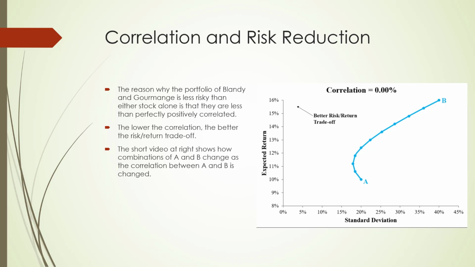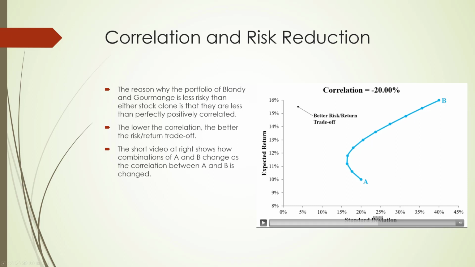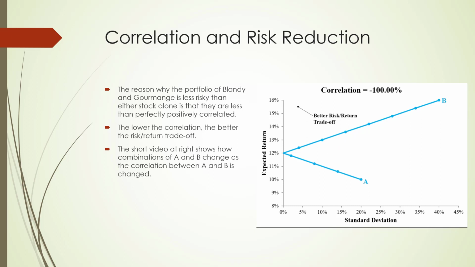And as we lower that correlation, the portfolios, the combinations of A and B, get better and better. If we keep going, -20% is better still. -40% is better still. -60% is still better. And then finally, at -100%, this is the best that we can do.